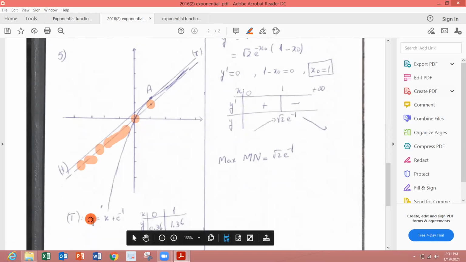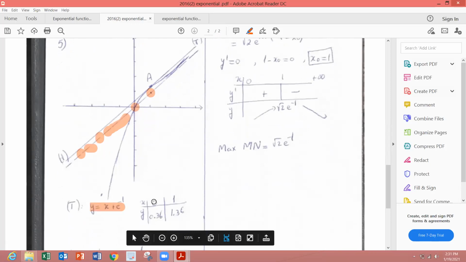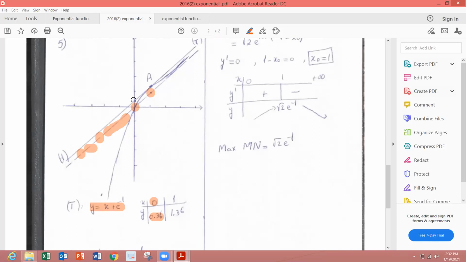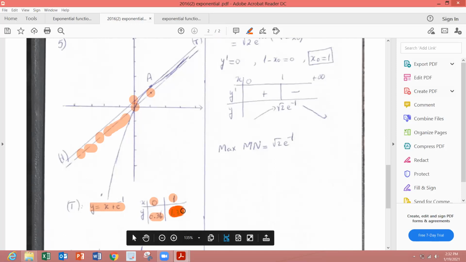The tangent is y equals x plus e to the minus 1. For x equals 0, y equals 0.36. This point here. For x equals 1, y equals 1.36.